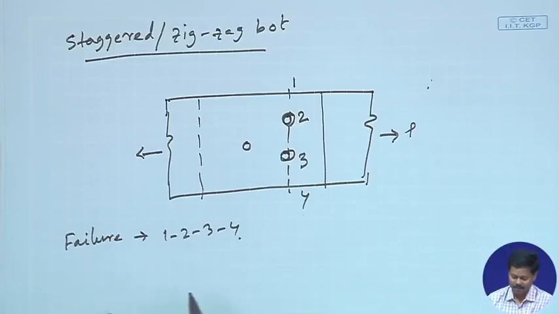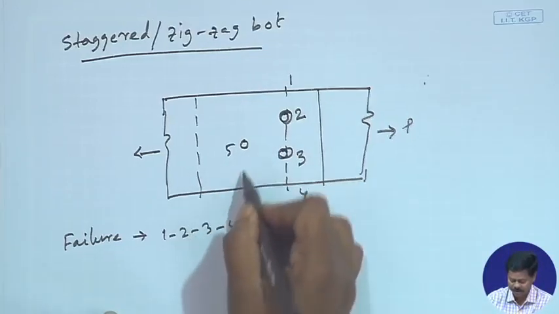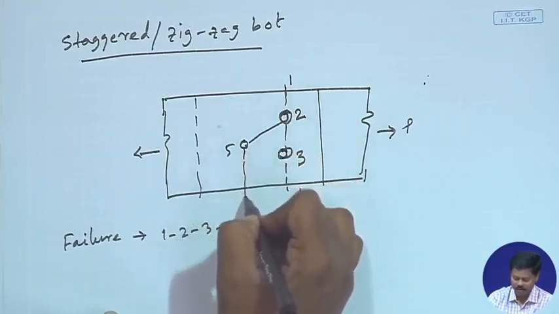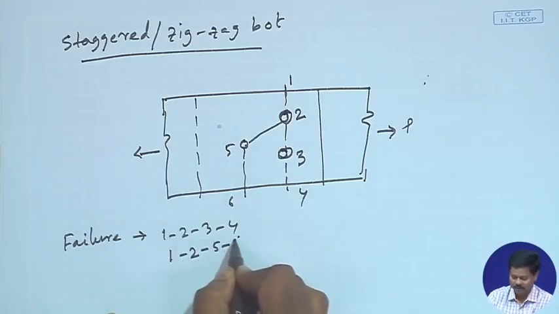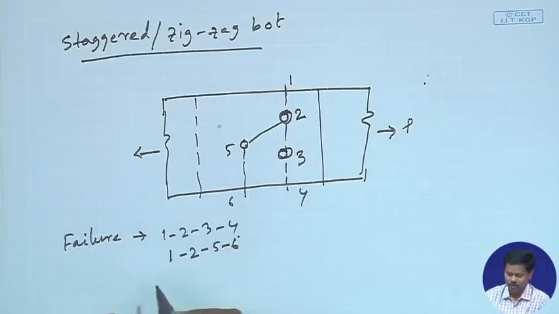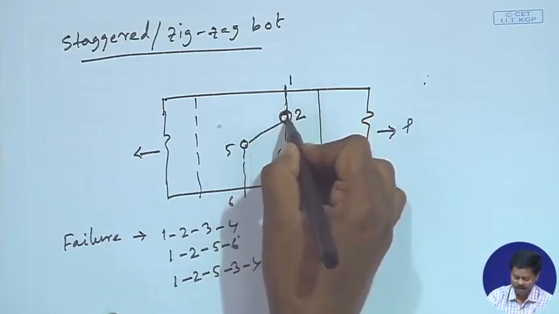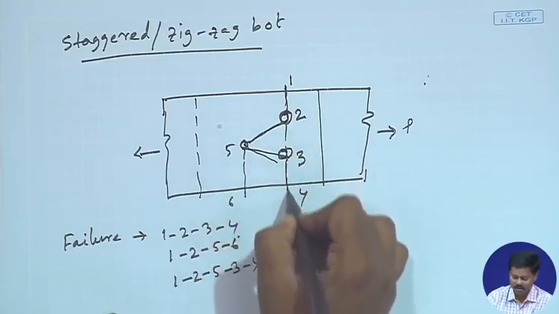Again failure may occur in this direction also. If this is 5, this is 6, means 1, 2, 5, 6, in this direction also it may fail. Also it may fail 1, 2, 5, 3, 4. That means it may crack like this, then this, then this.